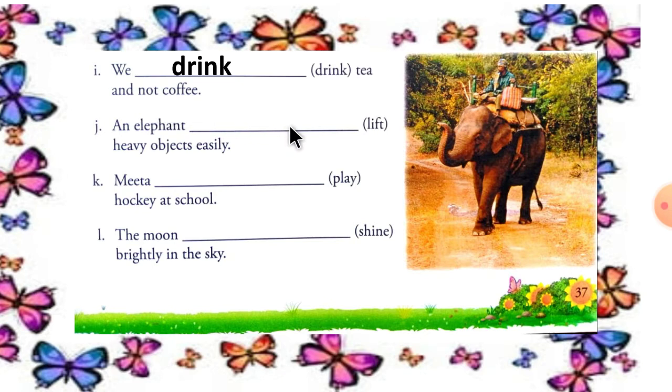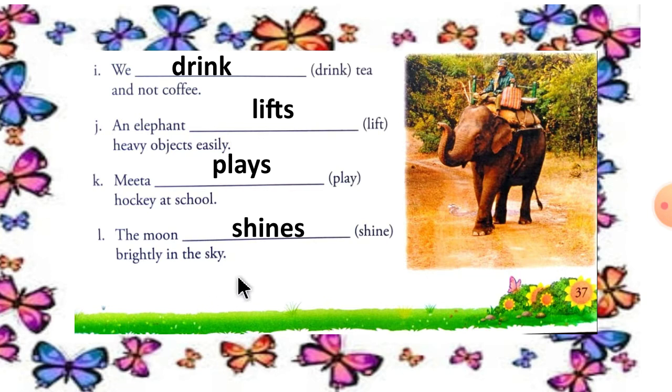The answer is drink. We drink tea and not coffee. Then an elephant lifts heavy objects easily. Then Meeta plays hockey at school. And the moon shines brightly in the sky.